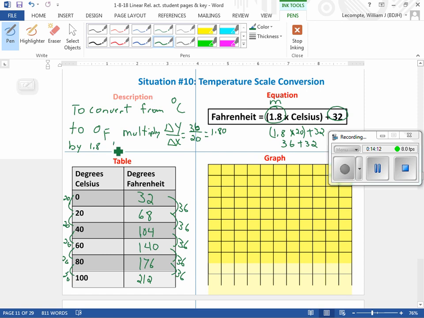Get this out of the way. So we multiply by 1.8 and add 32.